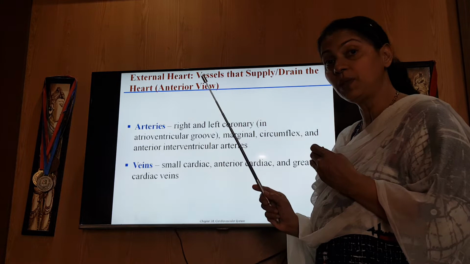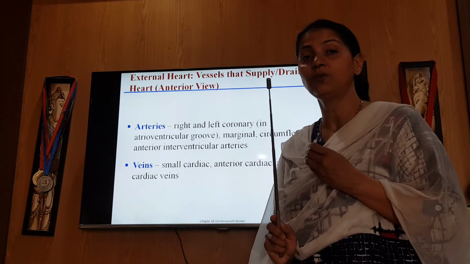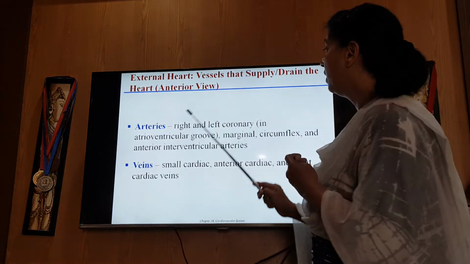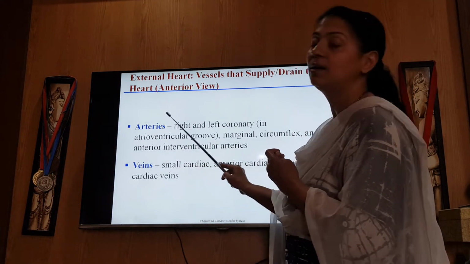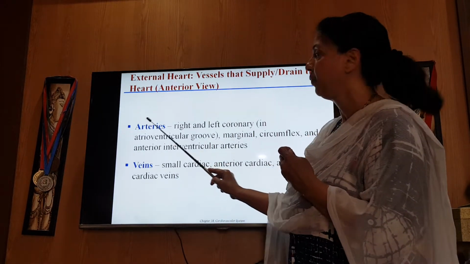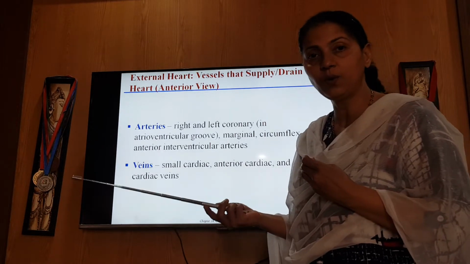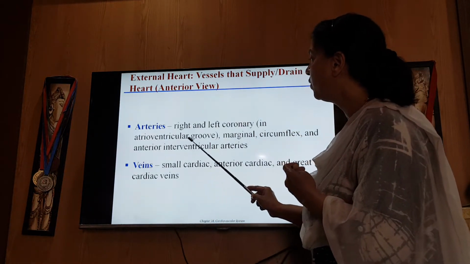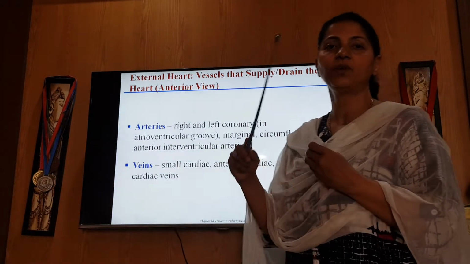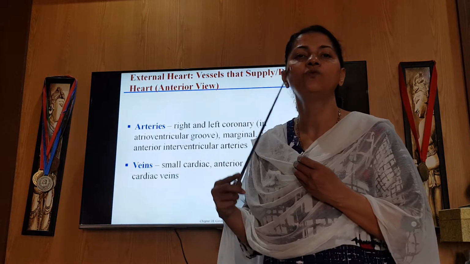What are these? From the anterior view, mind it, we are talking about the anterior view, anteriorly, the arteries which are supplying the heart itself are the right and left coronary arteries. And where are we going to find them? We will find them in the atrioventricular groove, means the groove between the right and left atria and the right and left ventricles.